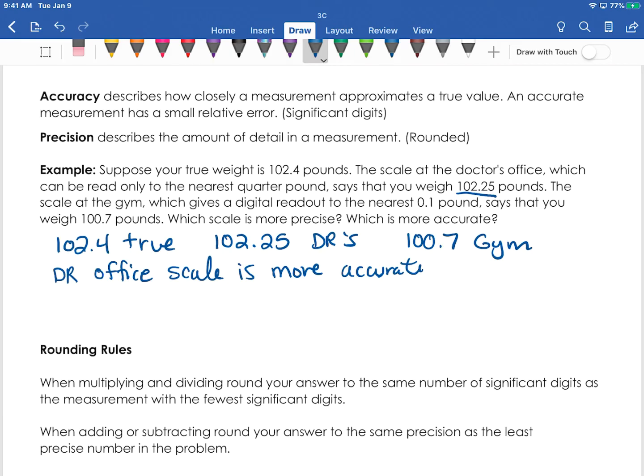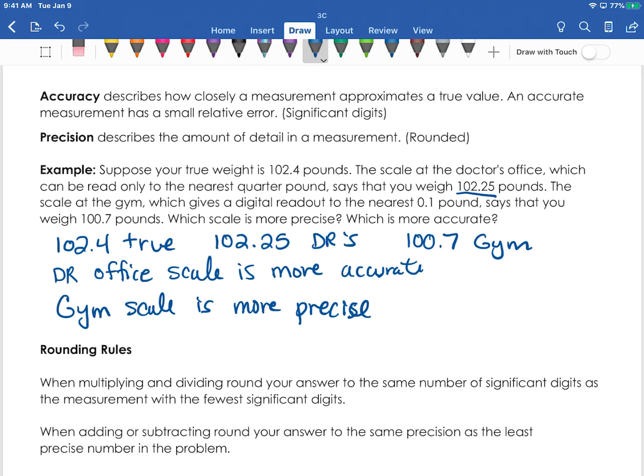Now, the gym's scale is actually going to be more precise because it can weigh with a lot more detail. The scale at the gym can read every 1/10 of a pound. It can read when your decimal place is exactly 0, like if you're exactly 150 pounds, it would read 150.0. Then it can read 150.1, 0.2, 0.3, 0.4, 0.5, etc., all the way up to 151.